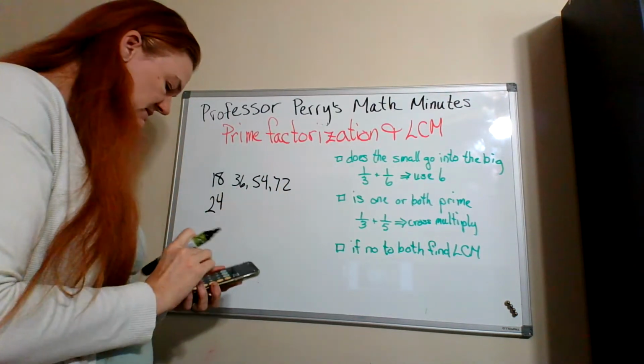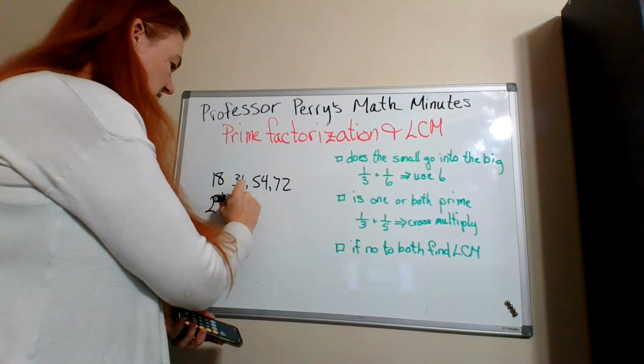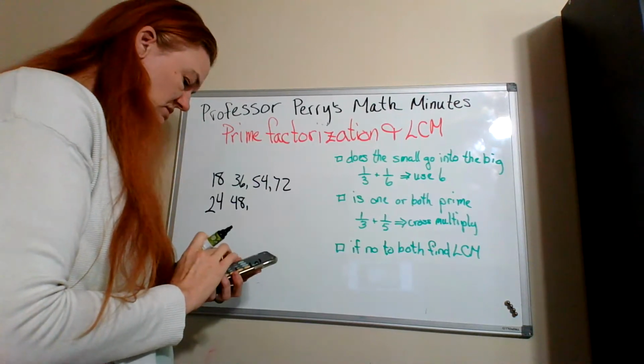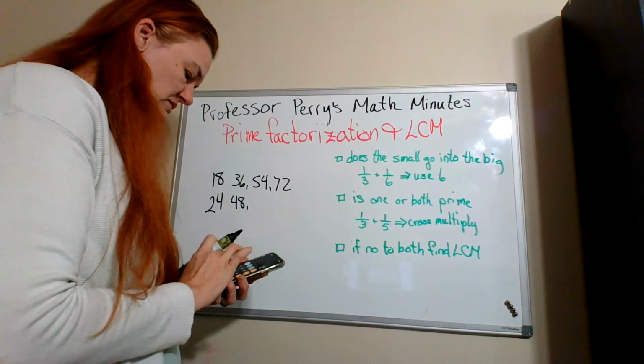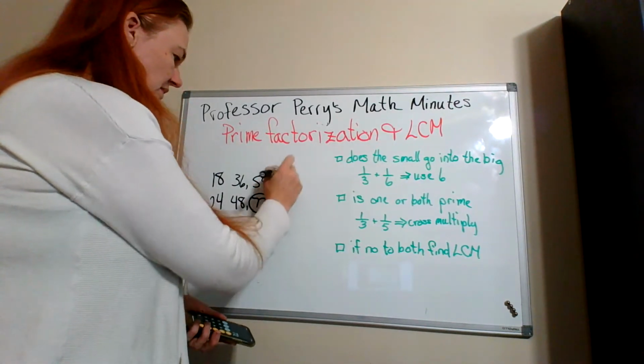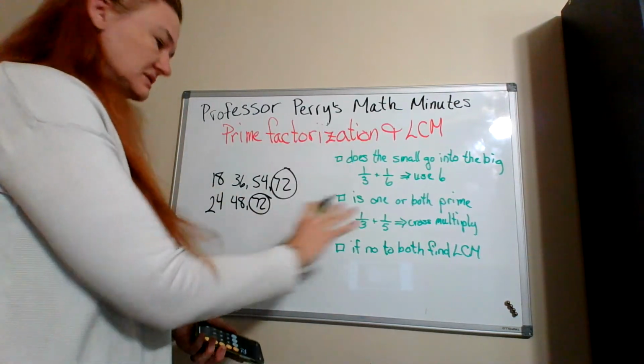And you just keep listing multiples until you come up with ones that match. 24 times 3, 72. There we go. Once you have a set that matches, you're done.